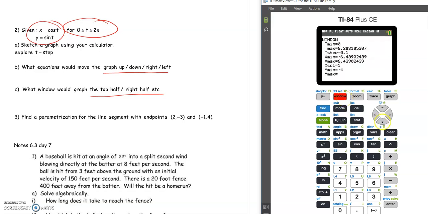Okay, so what about if I wanted to just see part of the circle? If you go back to window, and let's say instead of 0 to 2 pi, I just went from 0 to pi, notice that it would just graph 0 to pi, the top half of the circle.